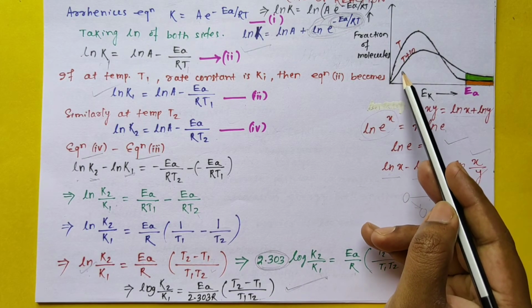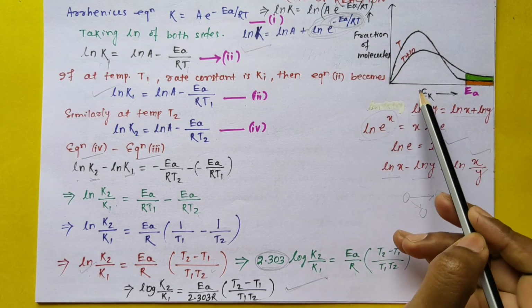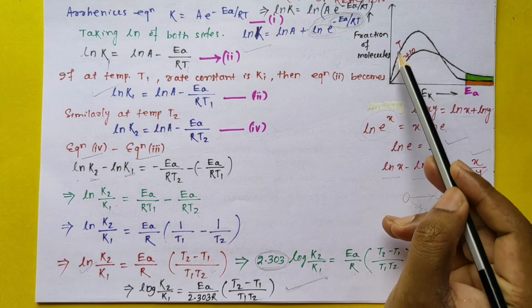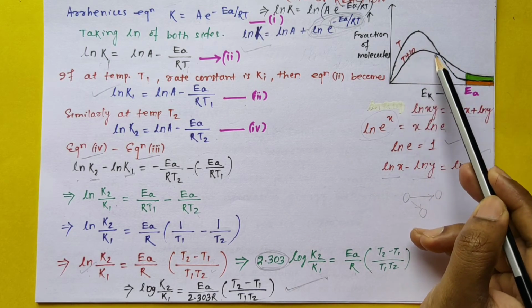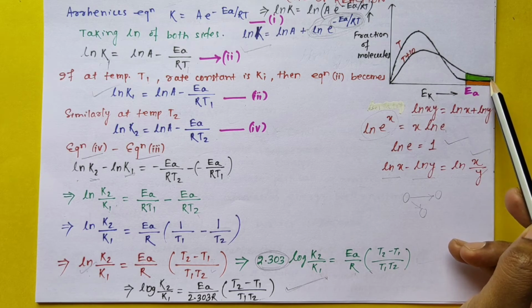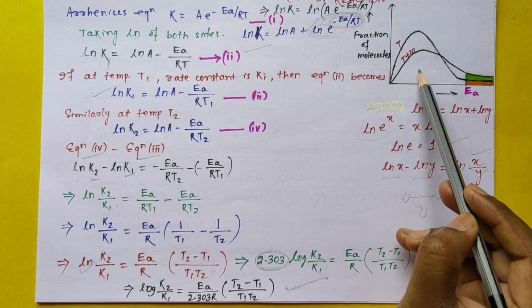Okay, now let's discuss the curve. There are two curves, and these curves are plotted between fraction of molecules and their kinetic energies. The first curve is plotted at T Kelvin and the second curve is plotted at T plus 10 Kelvin. That means here temperature is raised by 10 Kelvin. Before discussing this curve, you should remember two points.